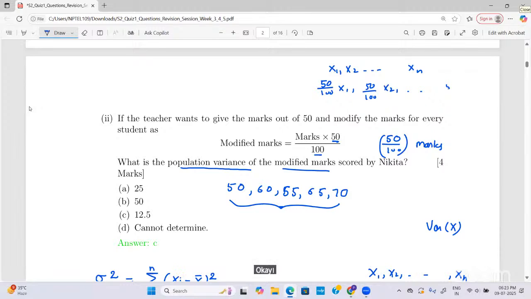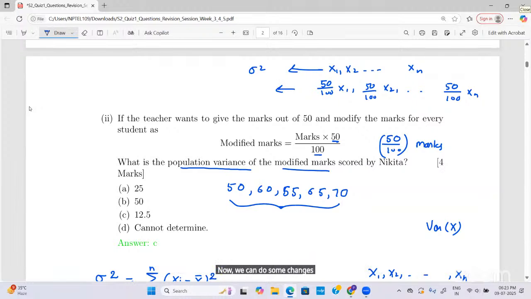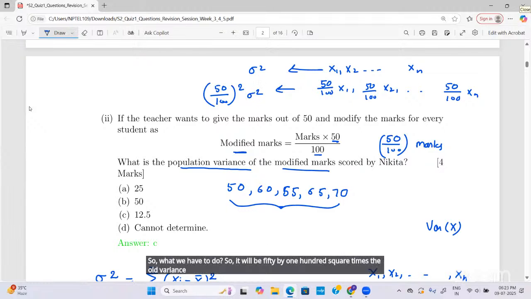So the value of C here is 50 by 100. We have calculated the variance sigma square for the old population, and now with the modification we get the new variance for the modified marks. It will be 50 by 100 square times the old variance, which is sigma square.